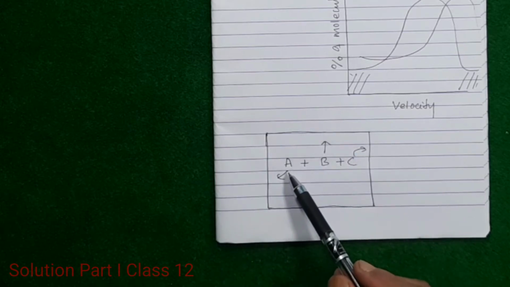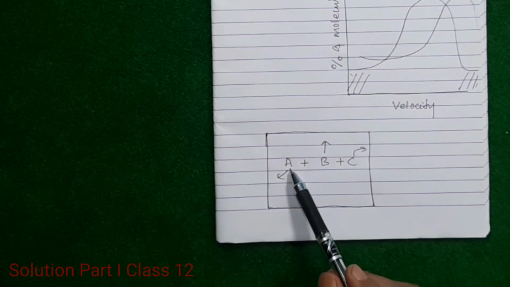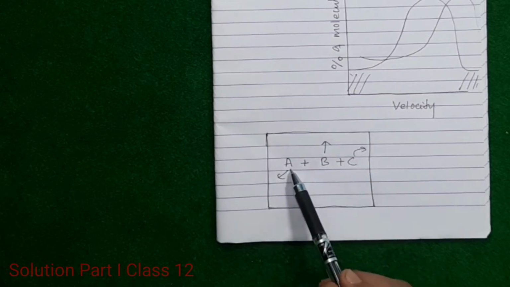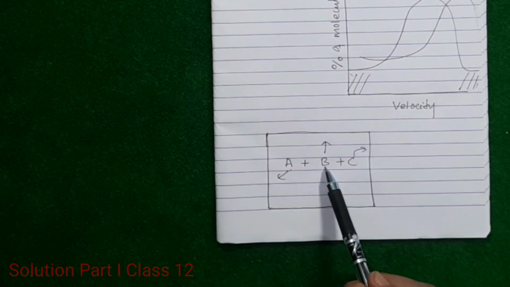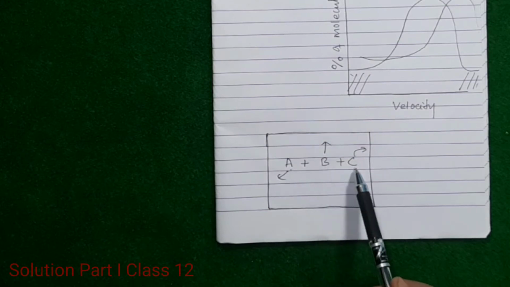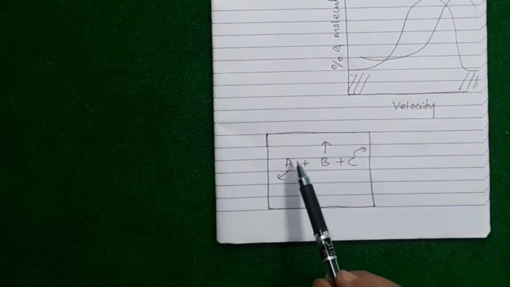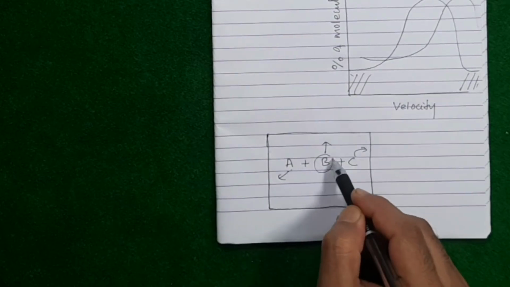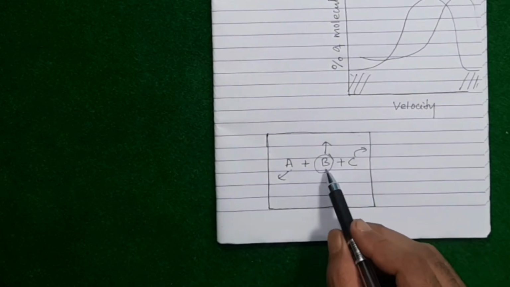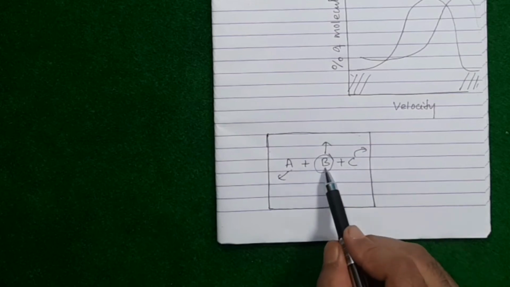Gases exert their own pressure depending on how much of the gas is present. So gas A in this mixture exerts its own pressure. Similarly, depending on the amount, B also exerts its own pressure, and C also exerts its own pressure. In a mixture of gases, what do you call the pressure exerted by only one component? You must be familiar, it is known as the partial pressure of that particular gas.